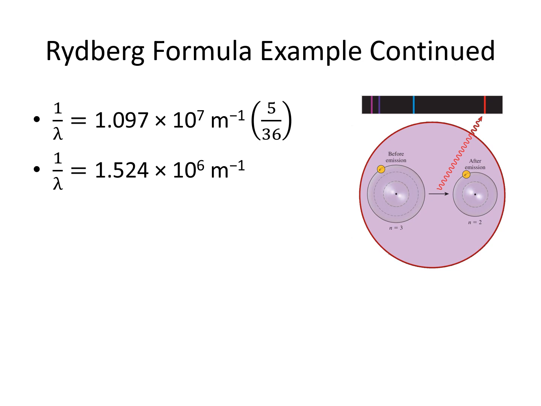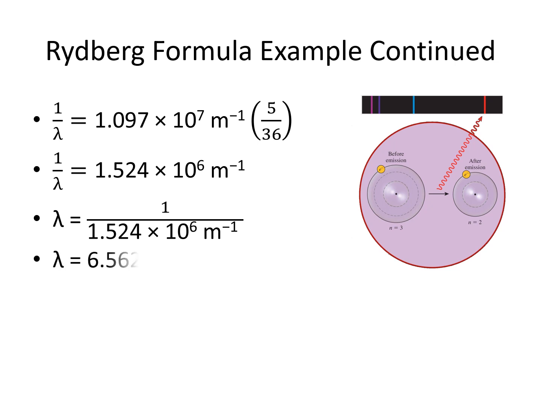Notice this is not our answer yet. It only gives us 1 over the wavelength. To get the wavelength, we take the inverse of that number. In other words, we do 1 divided by our value of 1.524 times 10 to the 6 meters to the minus 1. That gives us 6.562 times 10 to the minus 7 meters as our wavelength.